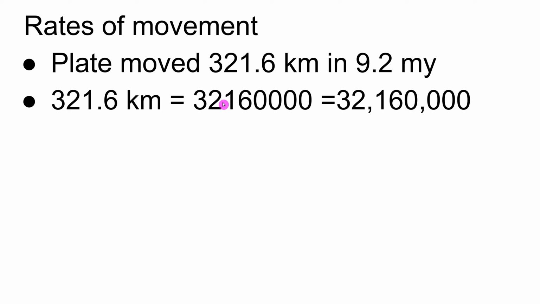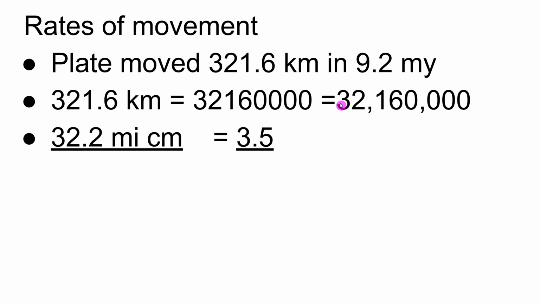So you don't end up having your answer be off by a factor of 10, or 1,000, or 100, or 100,000, or whatever mismatch in units happens. So 321.6 kilometers is 32,160,000 centimeters.